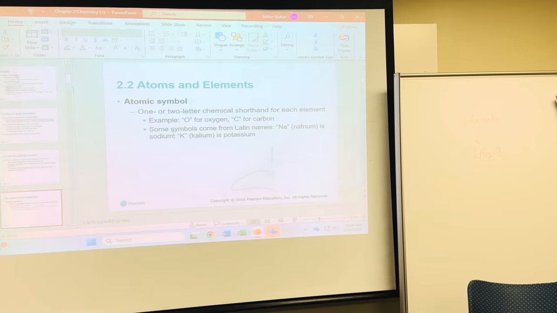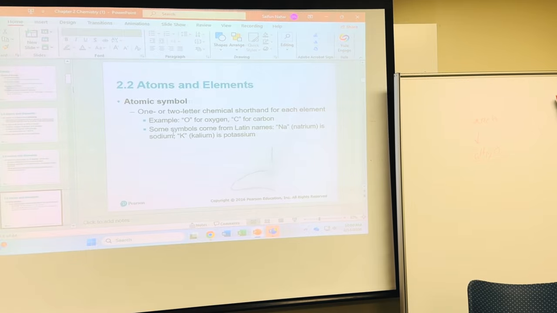He, right? What is the symbol of sodium? Na. Why Na? Why not S? Because it's coming from the Latin name, right? Natrium. What about potassium? What is the symbol of potassium? K. It is coming from the Latin name kalium, right?